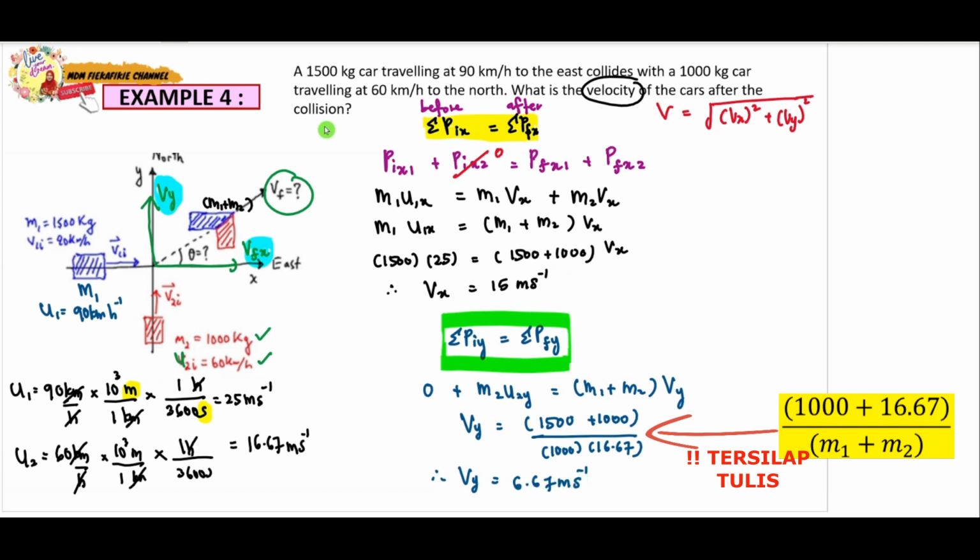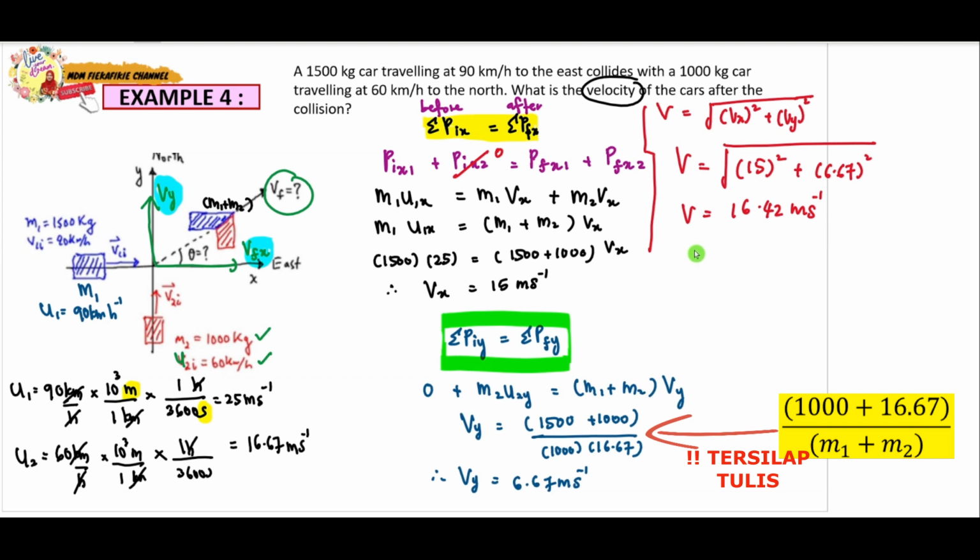Okay, so finally we can find V. Alright, so saya buat kat tepi ni. So, V is equal to square root Vx 15 squared plus 6.67 squared. Okay, so V, the magnitude of the final velocity for both car after collision is 16.42 meter per second.